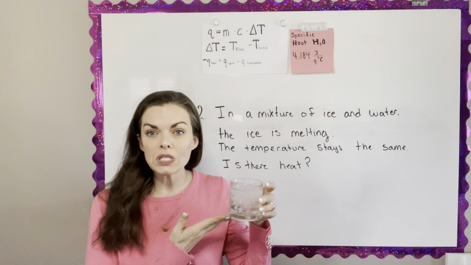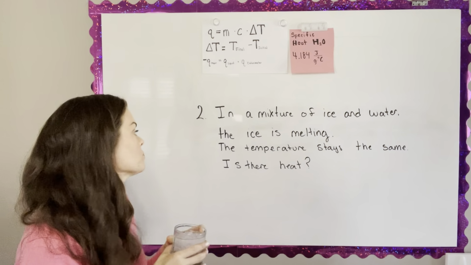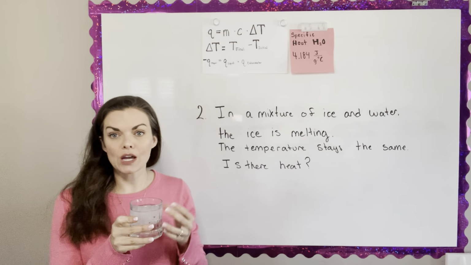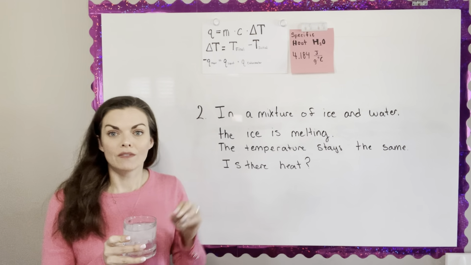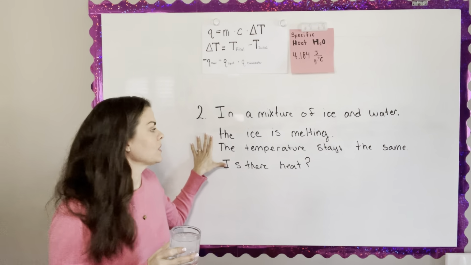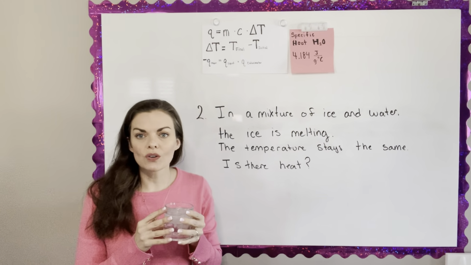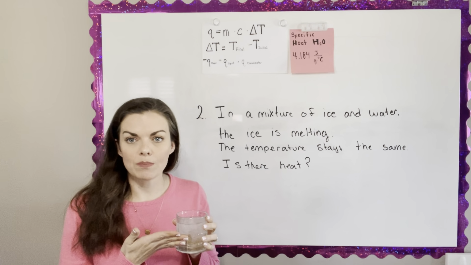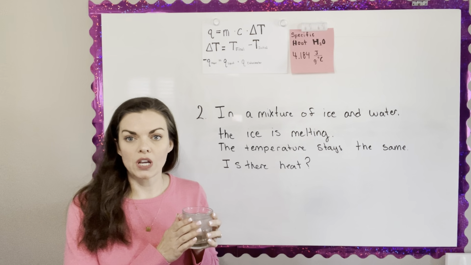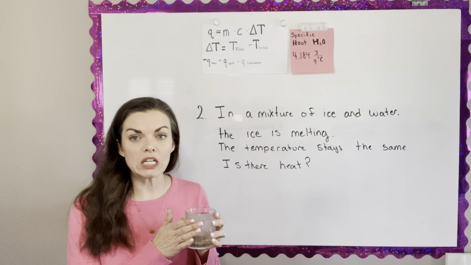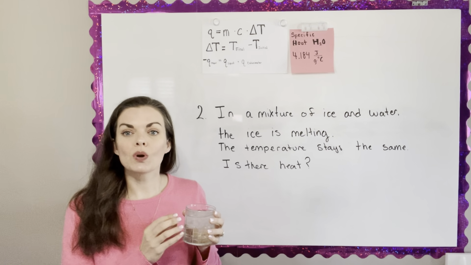Question number 2 tells me I have a mixture of ice and water, just a good glass of water. The ice is melting, which is what happens when you put ice in a glass of water, especially because it's hot as it is here in Tennessee. The temperature though is staying the same. Is there heat? Remember, heat happens when we have an exchange of energy due to either a temperature change, but I don't have one here, or a phase change.